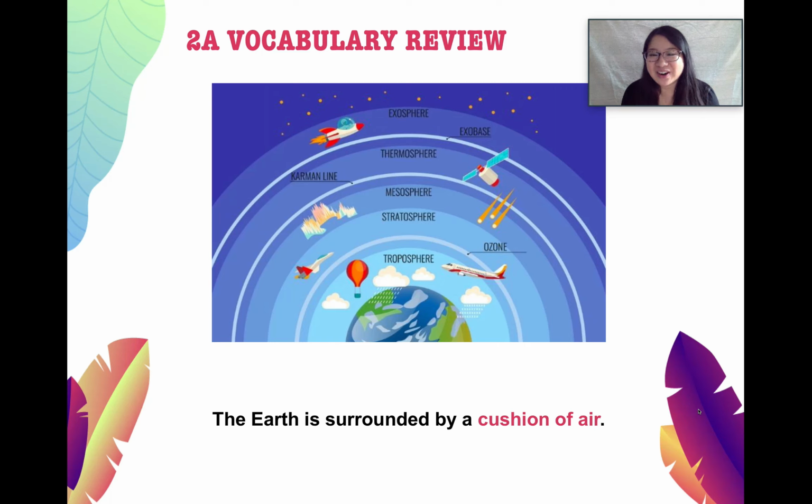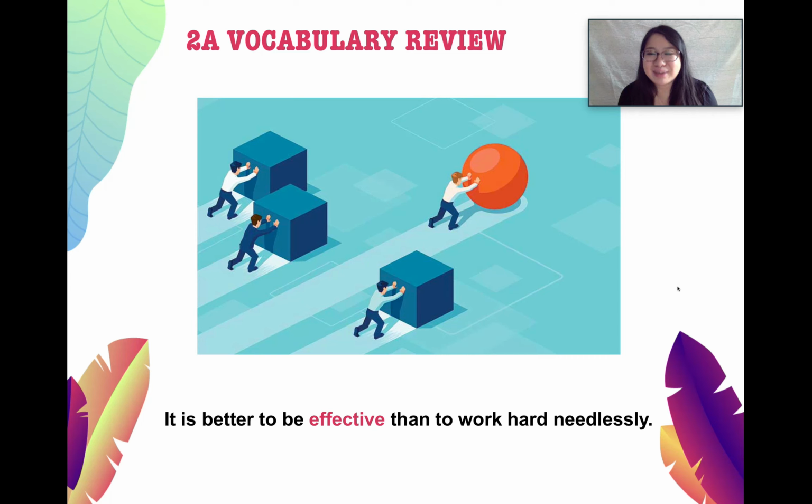Next, the Earth is surrounded by a cushion of air. And there are many layers in this cushion of air. Very good. This is the atmosphere. It is better to be effective than to work hard needlessly. Okay, so look at these workers.